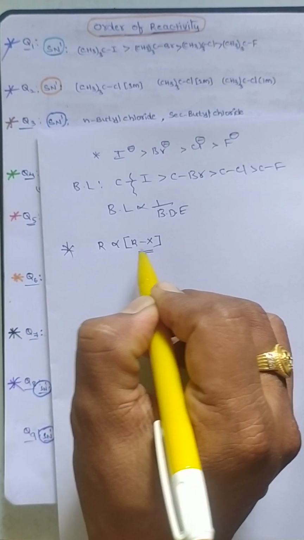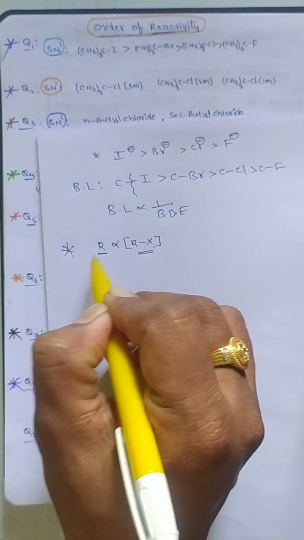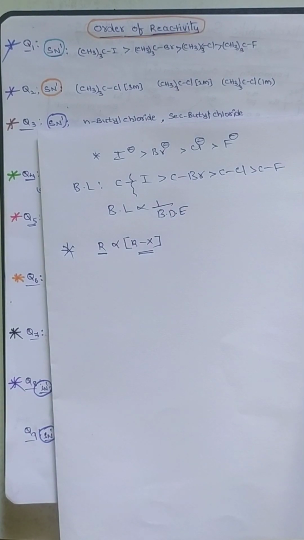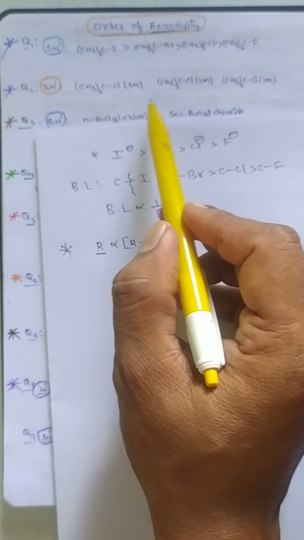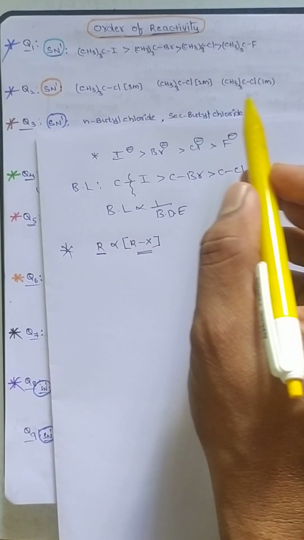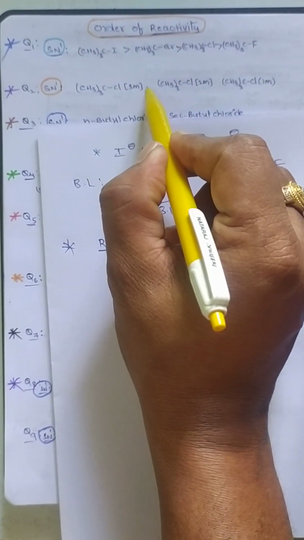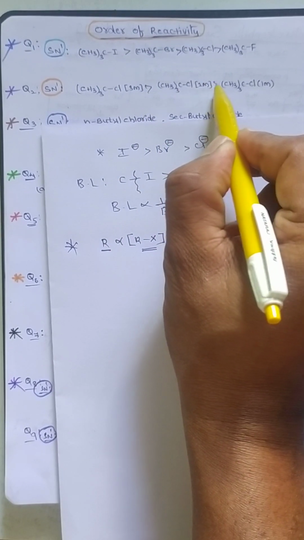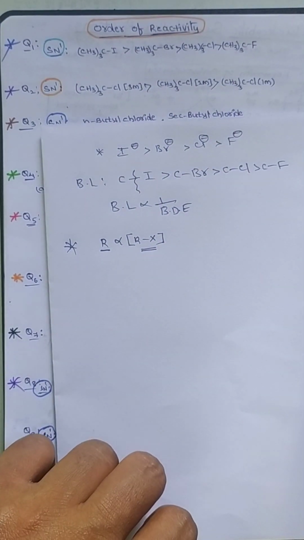More is the concentration of alkyl halide, more is the rate of the SN1 reaction. So 3 molar, 2 molar, 1 molar: more concentration, more SN1 reaction.